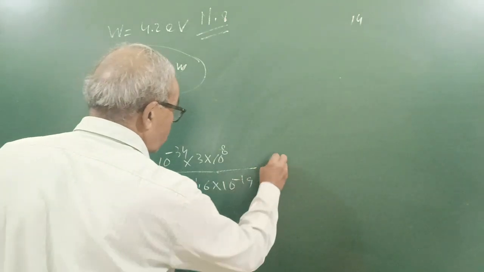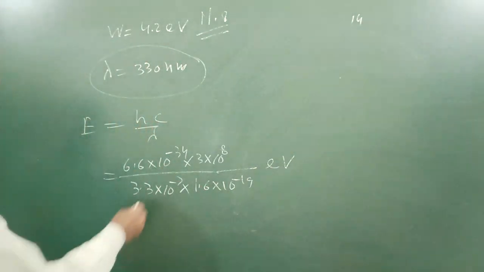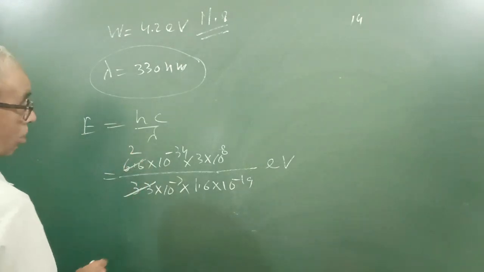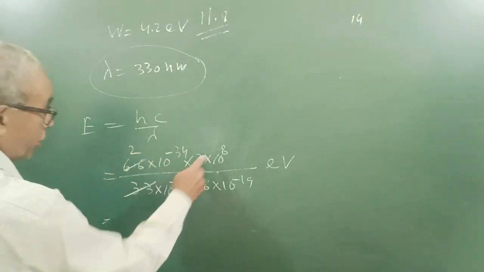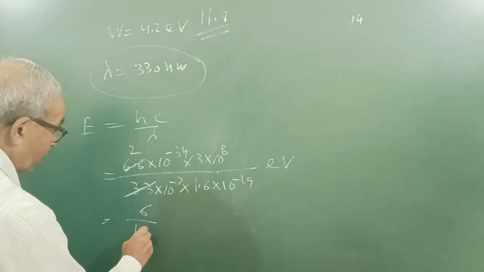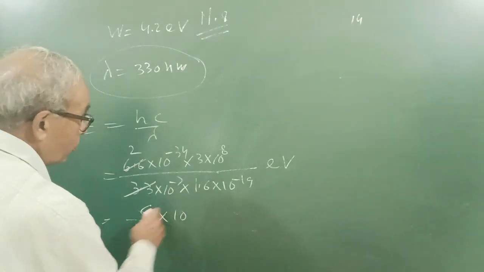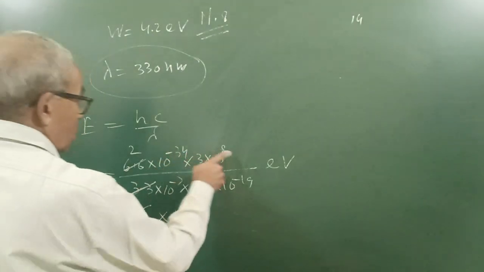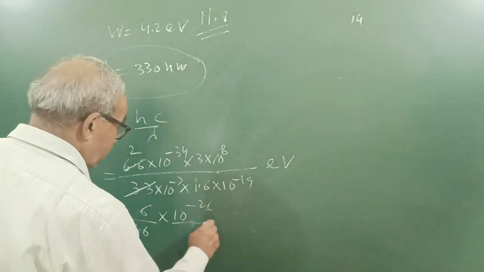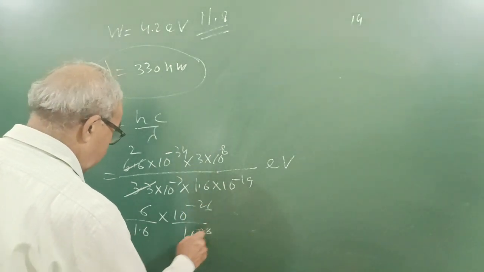So this will become electron volt. It is 6.6 × 3 upon 1.6 × 10^-26 upon 10^-26, cancel.